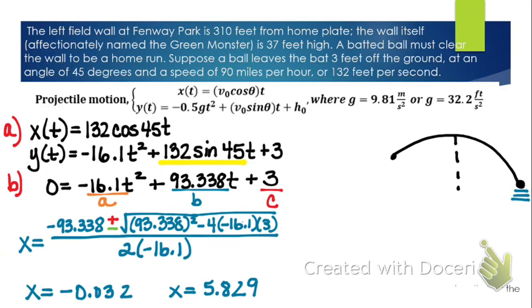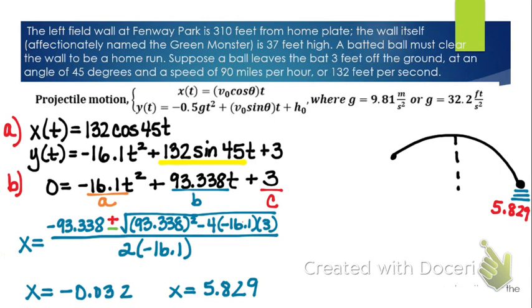So this 5.829 represents when the ball is going to hit the ground. But part B is asking for the maximum height, which, if we go back to yesterday, we know that the maximum height, or the vertex, occurs in the middle.